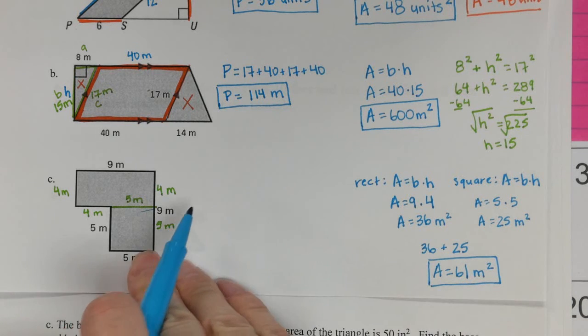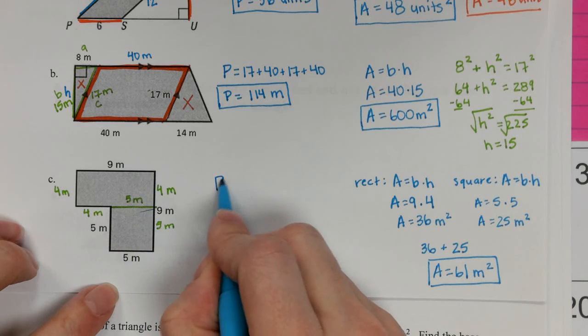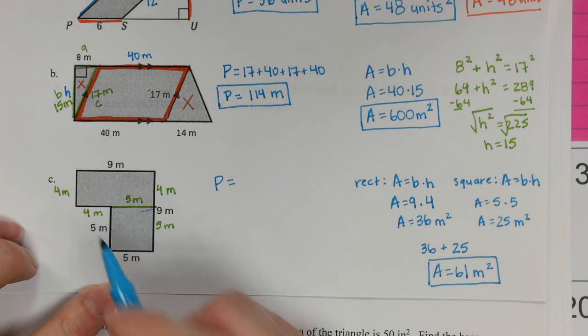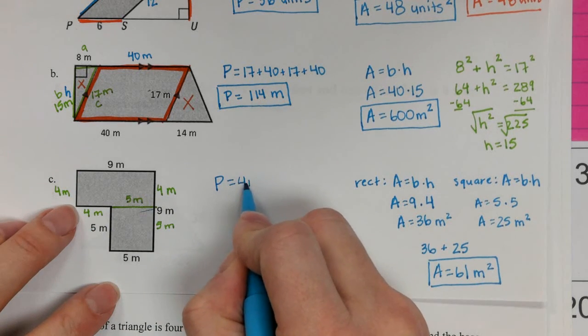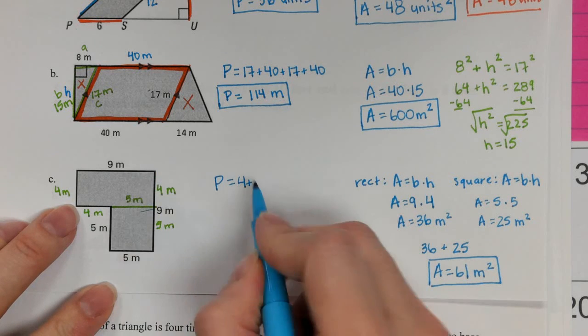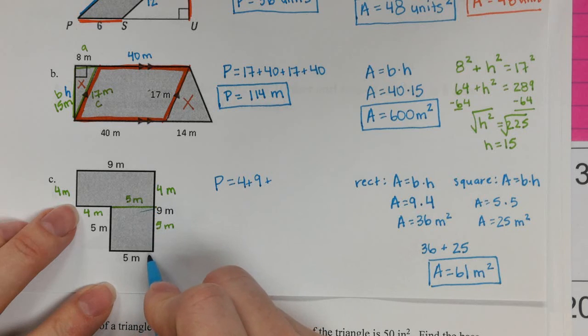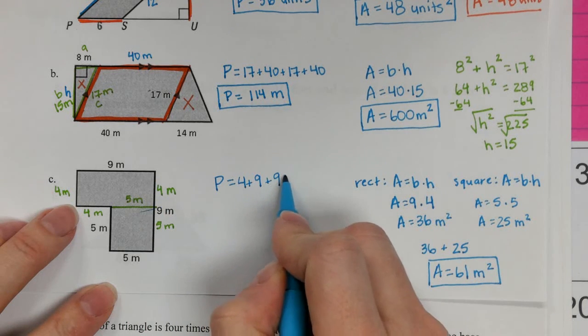So there's my area, and then I still have to go back and do the perimeter all the way around this whole shape. So I'm not talking about them separately anymore. I'm going to add everything. So when I'm going around the outside, I go 4 plus, then I have 9 when I go that way. And then this way, I could do plus 4 plus 5, or I know that together this whole side is 9, so I'm just going to add it as 9.